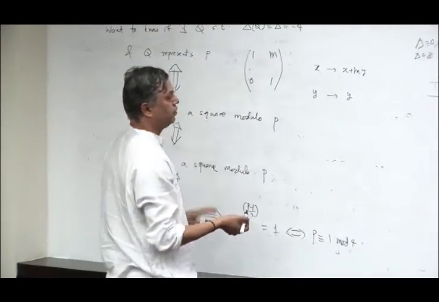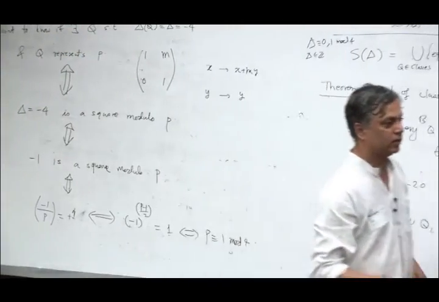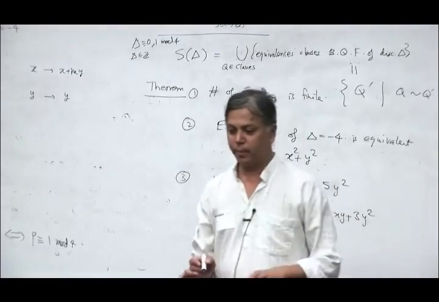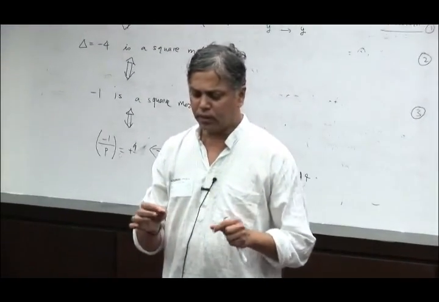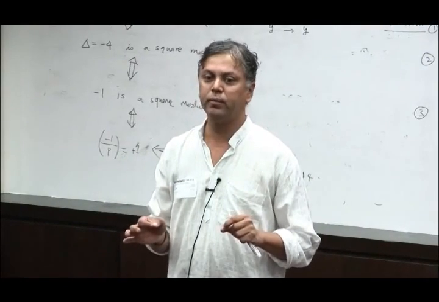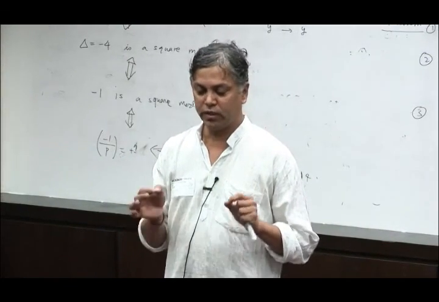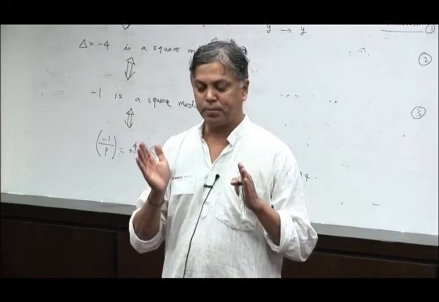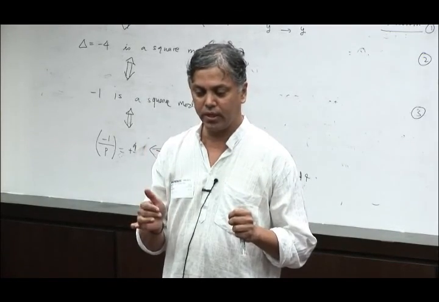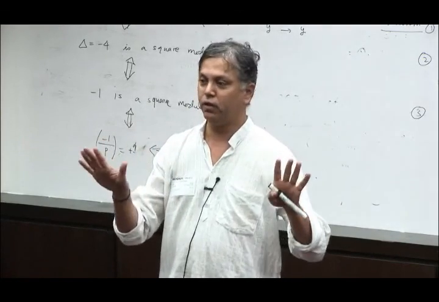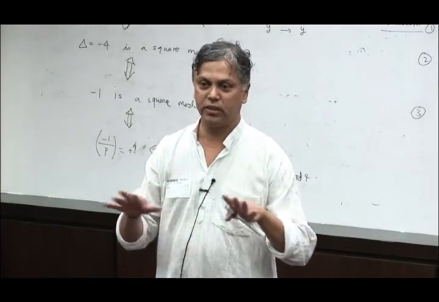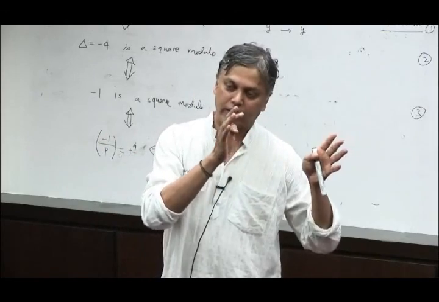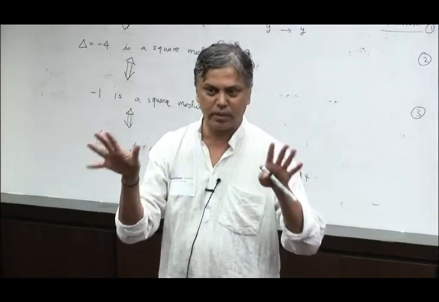So you can use this to finally state the following theorem. The theorem says that if you take any quadratic form, there exists a unique reduced quadratic form equivalent to it. And what does it mean by reduced? It means the absolute value of B is less than or equal to A, and A is always positive. We are talking about positive definite quadratic forms from here onwards, because reduction theory for indefinite quadratic forms is different and a little bit complicated.